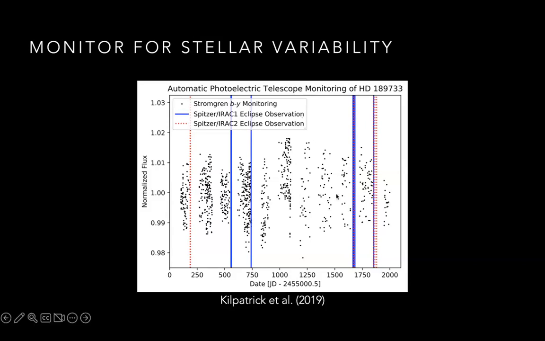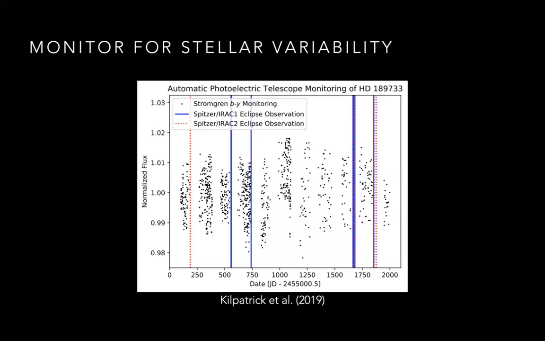So here's a study that we did back in 2019, where we took that APT data and were able to analyze the activity of the star and confirm that it did not likely impact the eclipse observations we were making. And we can easily do this with Exoplanet Watch, our network of small telescopes as well. They can get, I think, a percent precision in a single minute exposure.